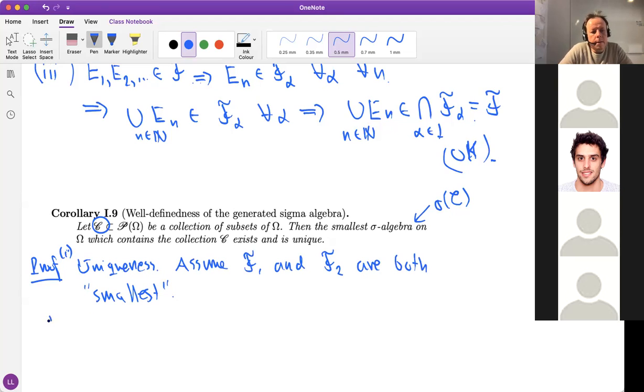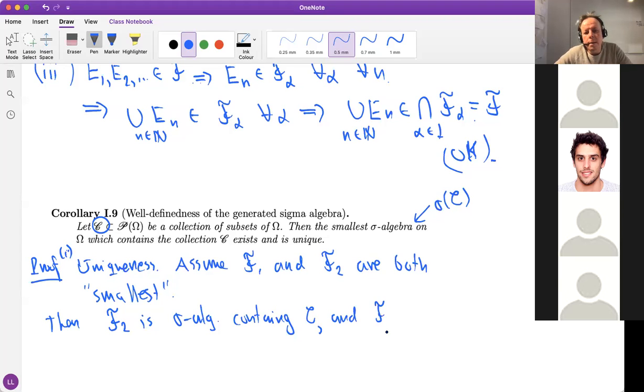Then what happens? Then we know that F2 is a sigma algebra containing C. And we know that F1 is the smallest such thing.